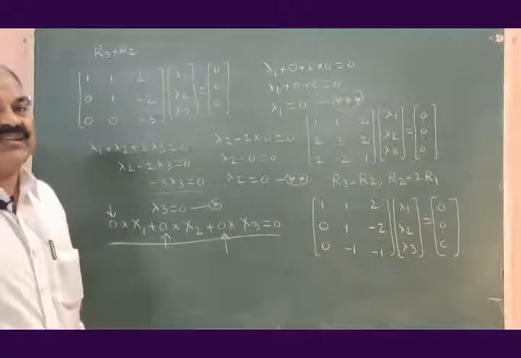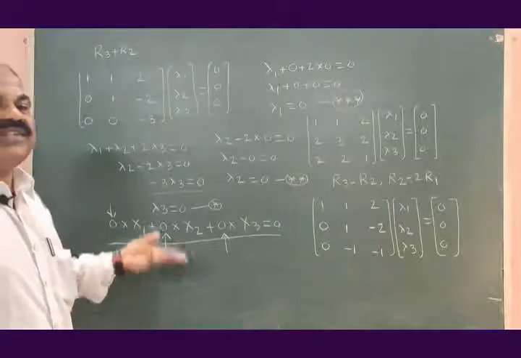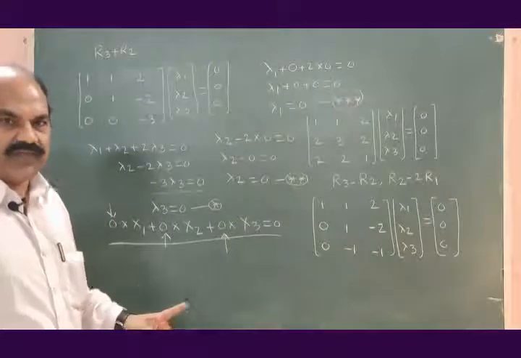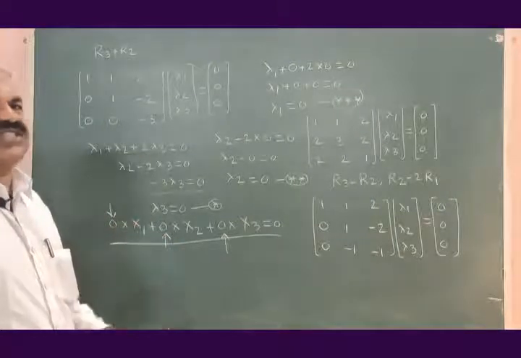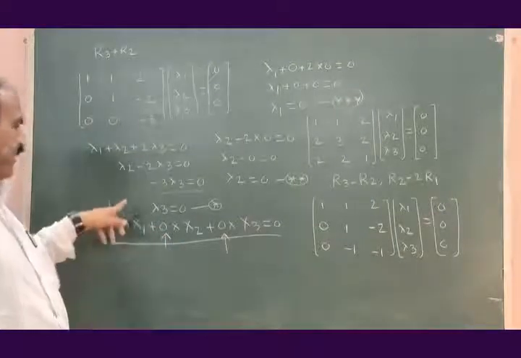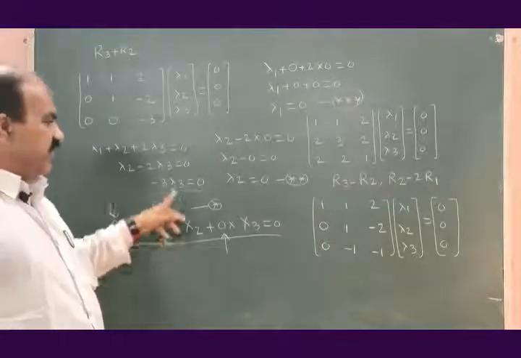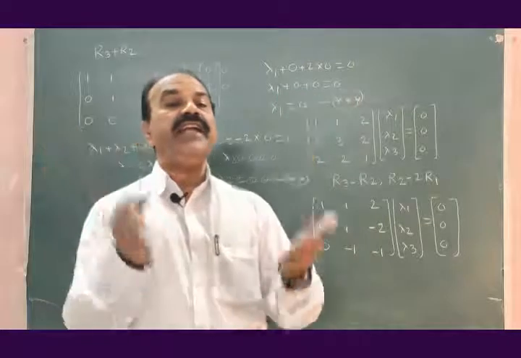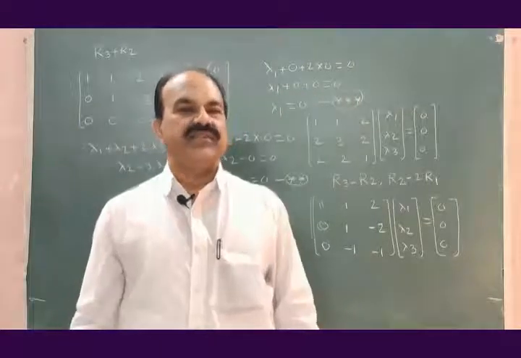What does this mean? If the scalar constants are 0, vectors x1, x2, x3 are linearly independent of each other.